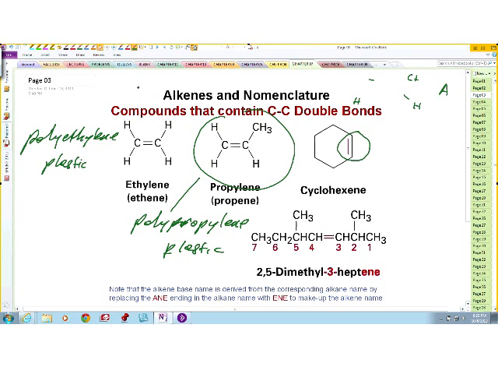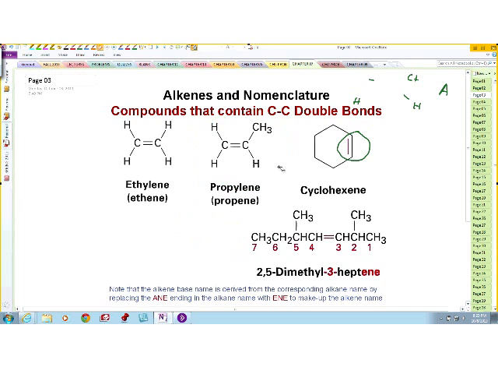Okay, so now let us begin to take a look at the nomenclature of alkenes.